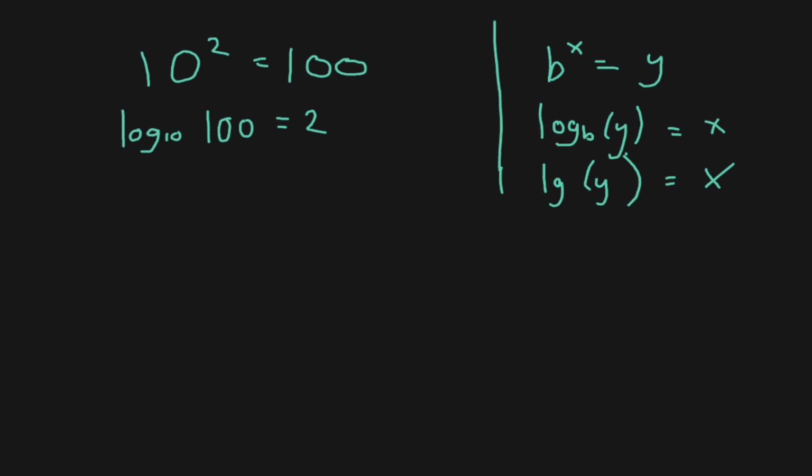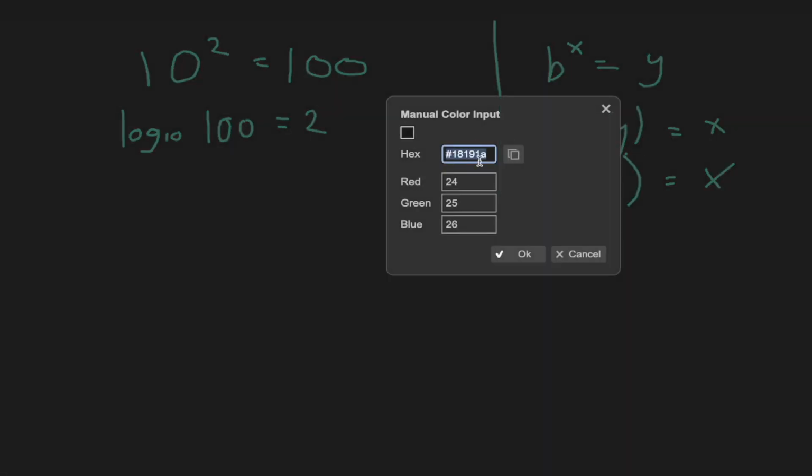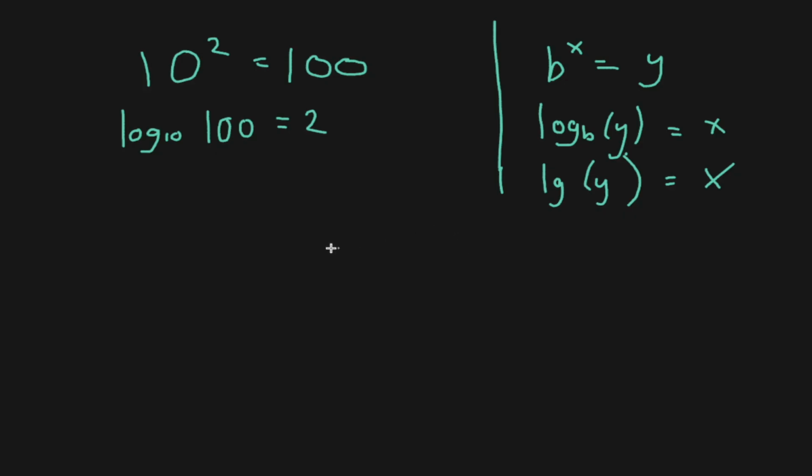I want to change the color here, so let's choose white. Basically we know a few things. From our basic mathematical skills, we know that 2 to the power of 0 is going to equal 1. We know 2 to the power of 1 is going to equal 2. We know that 2 to the power of 2 is going to equal 4.